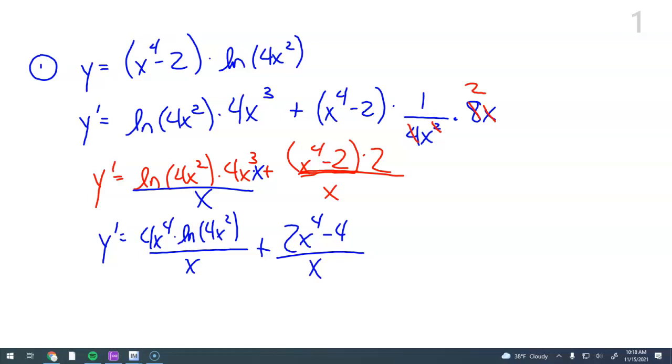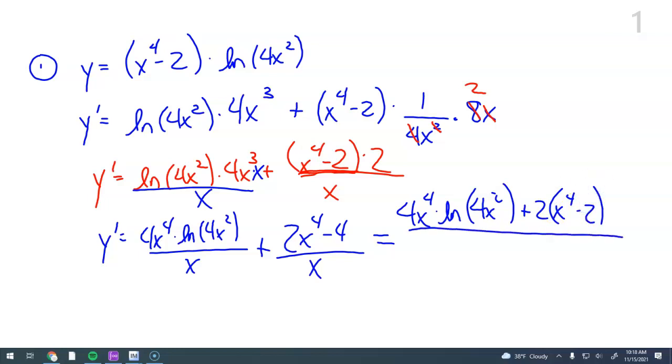And then I've got my common denominator, so I can just add up across now. So it's like 4x to the 4th times ln of 4x squared. And then you might have had just like 2 times x to the 4th minus 2 here, all over x, or you might have distributed this, whichever.